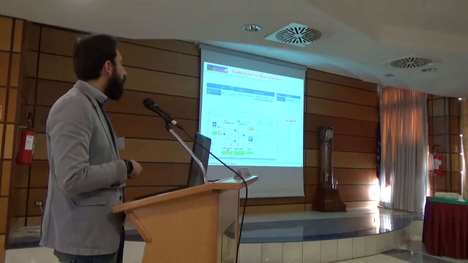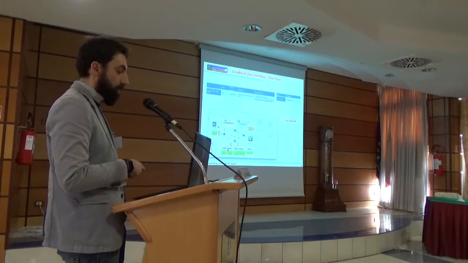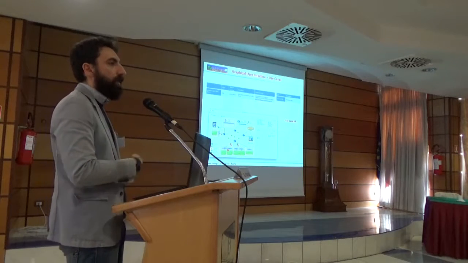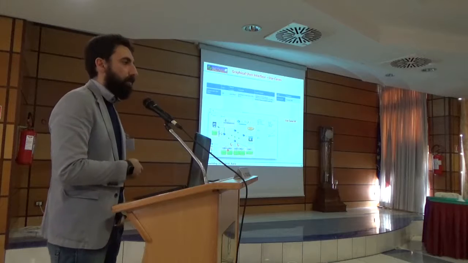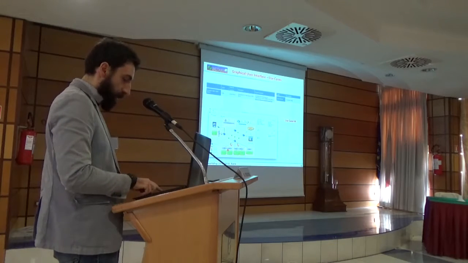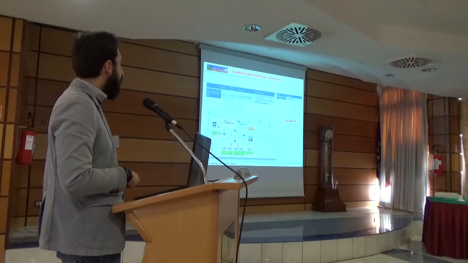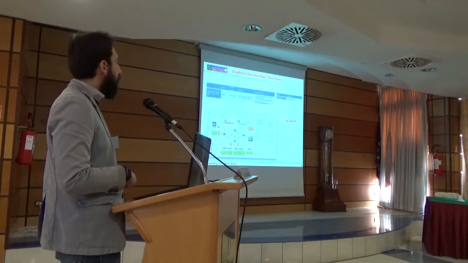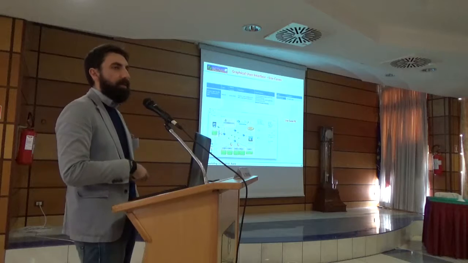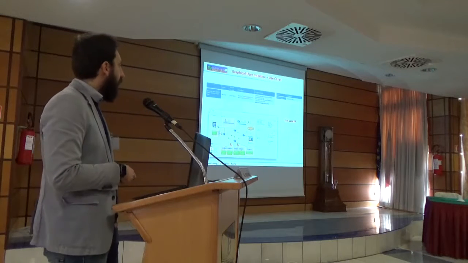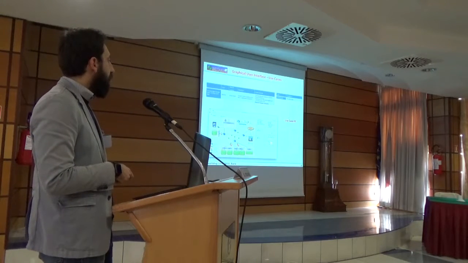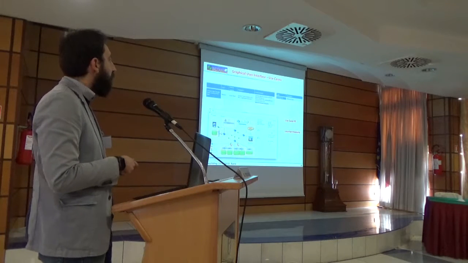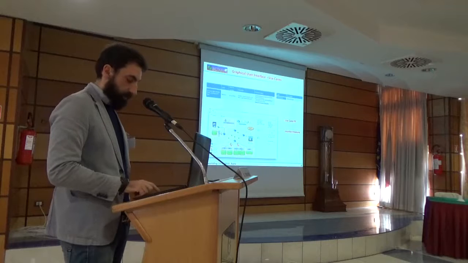The countermeasure is something like do this, and is provided directly to the user, so the user does not decide whether to accept it or not. It's just an automatic countermeasure. While in use case 5, for example, the system provides the user the possibility to choose between two different countermeasures, and the user can select here which one. For example, he selects here and it is adopted and given to the system.